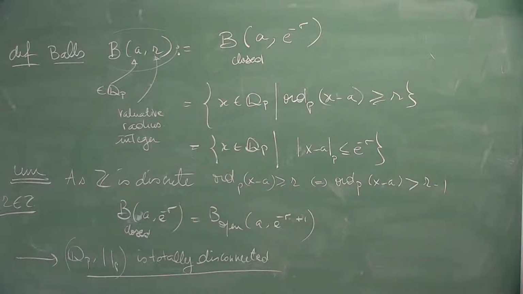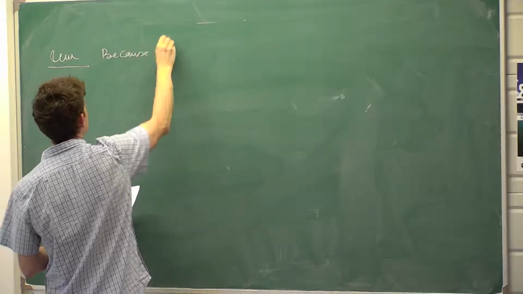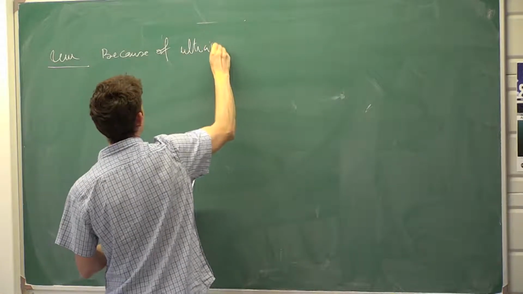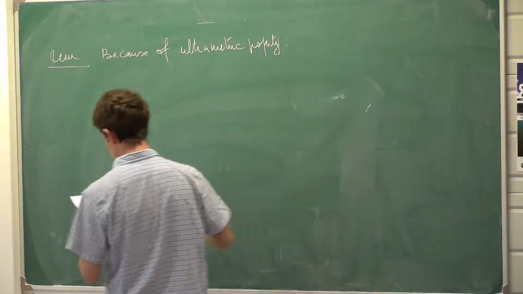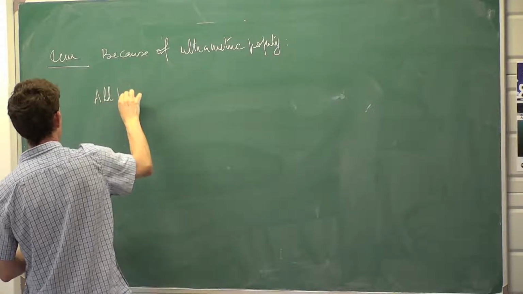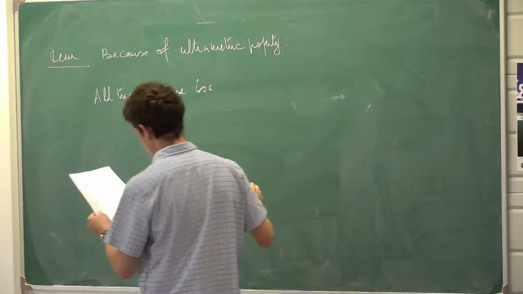Also, other properties. So, remark. Because of the ultrametric property, all triangles are isosceles.